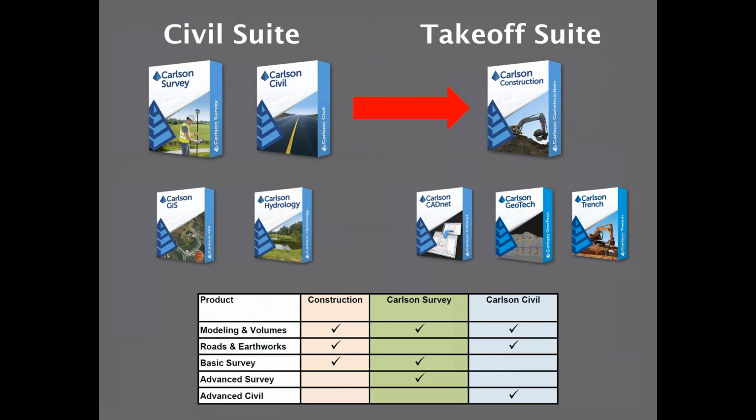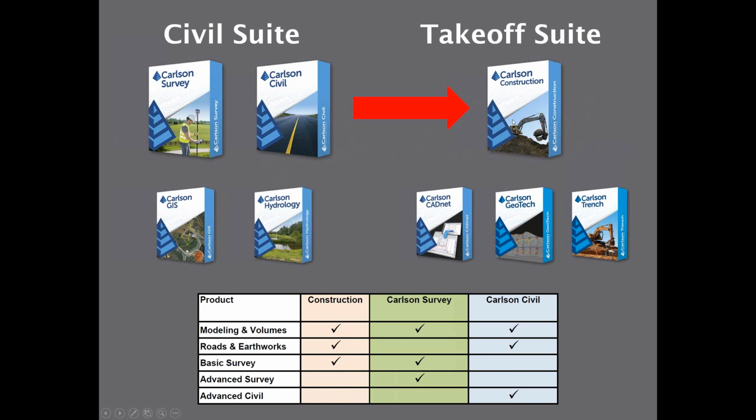That's the retail price. My price is a little cheaper. Carlson Construction by itself is $39.50. Well, if you've already got 2 pieces, you get all 4 of the Civil Suite for this. So if you've already got Civil Suite, you've got the bulk of the Takeoff Suite.